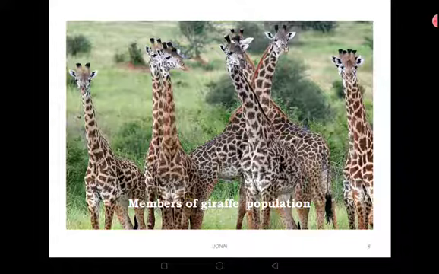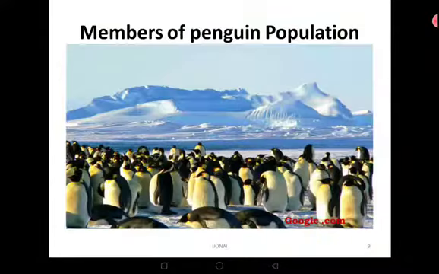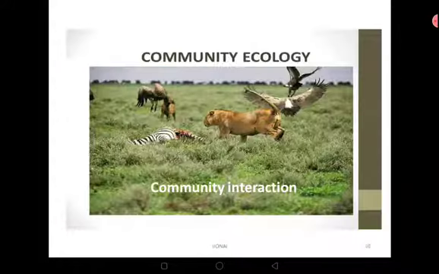So those ones looking at you are members of a bigger population of the giraffes in that game park. And then those ones are members of the penguin population in Antarctica. So great, looking beautiful there. You can also identify other populations out there.